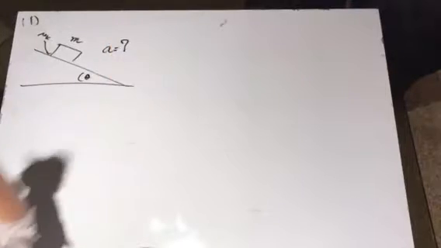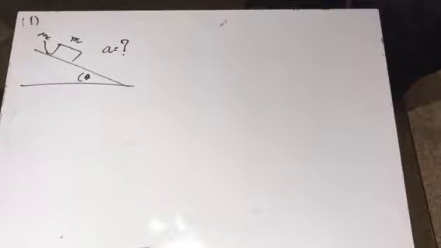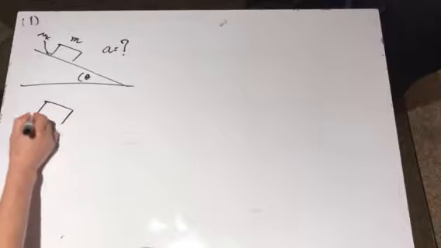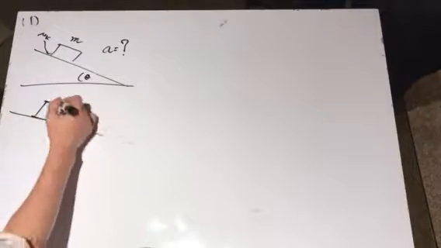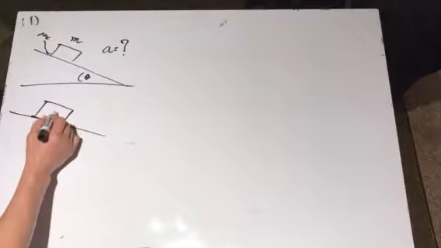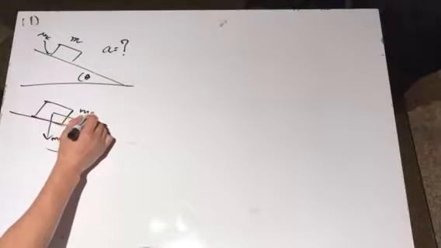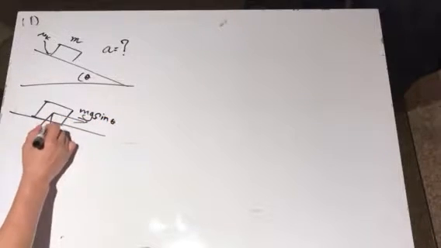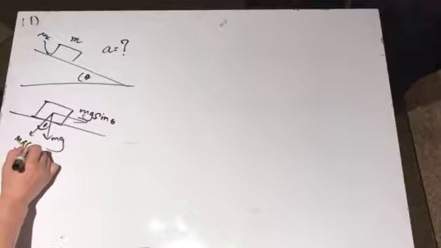You're looking for acceleration, so you don't know what acceleration is, so you're going to have to apply the free body diagram. You have to have the weight, which is mg. The component mg sine theta, and this is the angle right here, so that will be mg cosine theta.